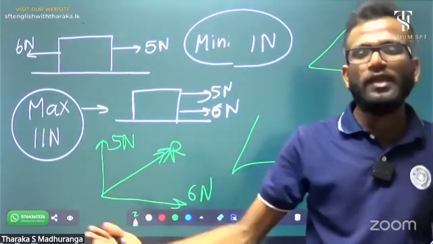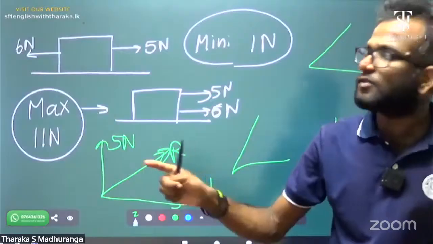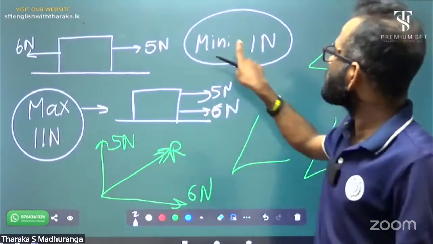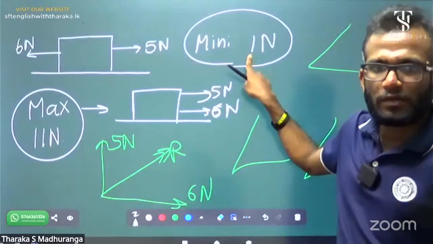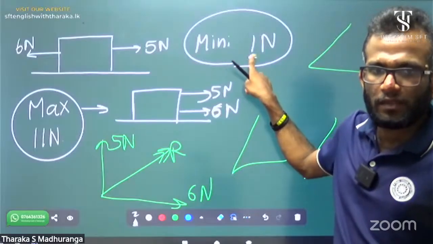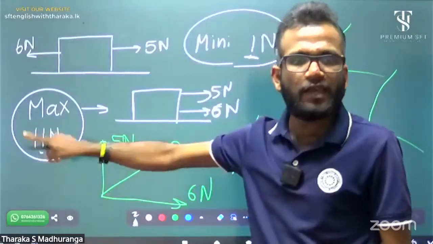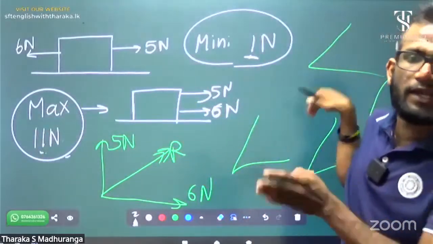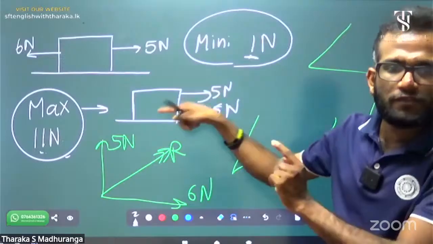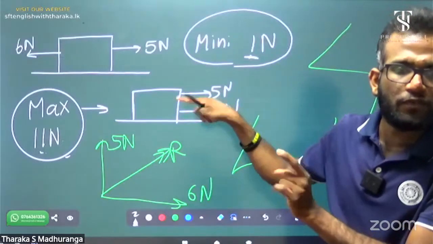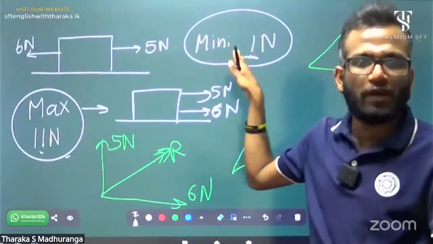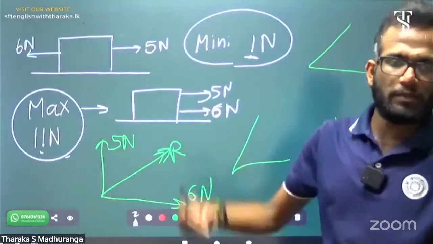If you got any angle, the answer is always between 11 and 1. Clear? Whatever method you use, the resultant force of these two given forces is always between maximum and minimum, 11 and 1.